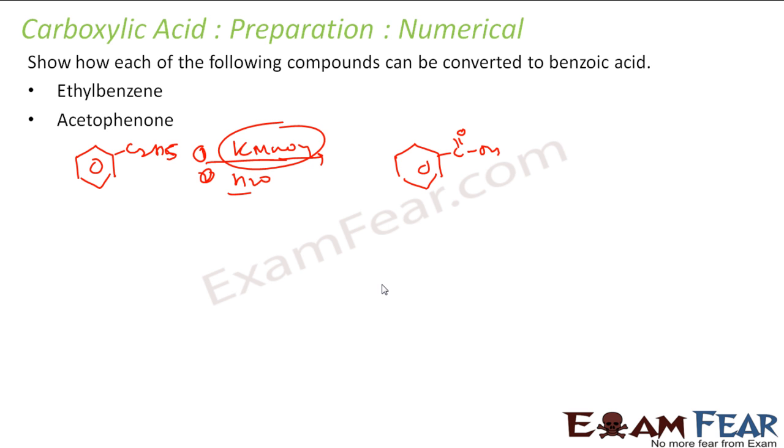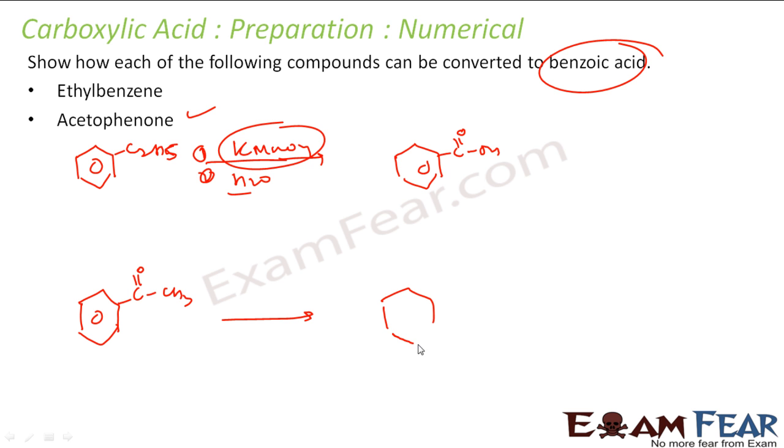Next is acetophenone to benzoic acid. Same thing I can do here also. To convert this into benzoic acid, I can use the same strong oxidizing agent, first KMnO4 and then water. It will take care of everything.